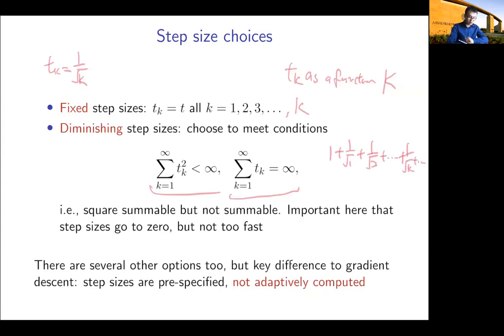Let's try to provide upper and lower bounds of this. First, a lower bound. Since the terms are diminishing, we can lower bound this by k times 1 over square root of k, which is equal to square root of k. Therefore, it goes to infinity as k gets larger, so it definitely checks the second condition.